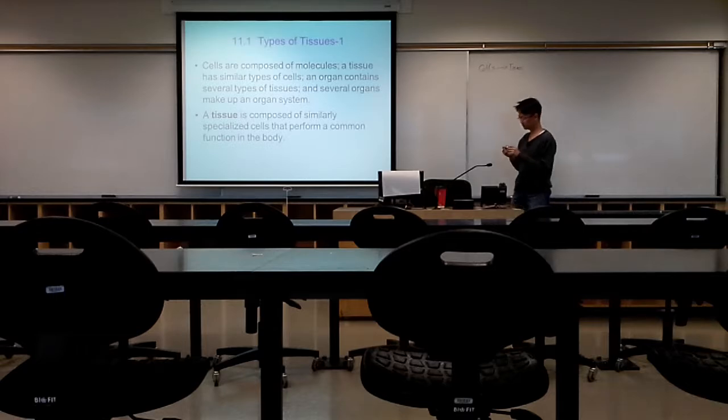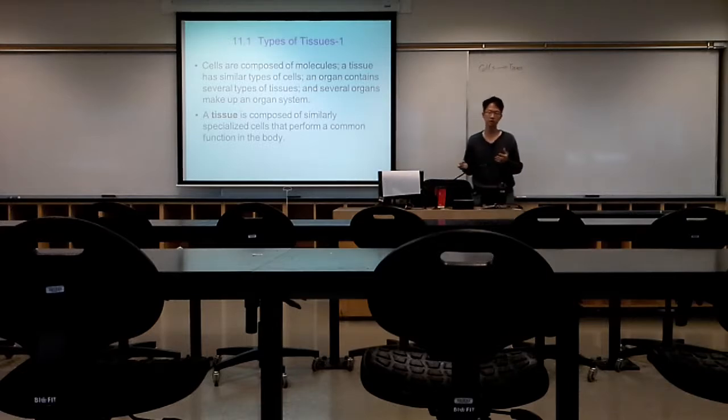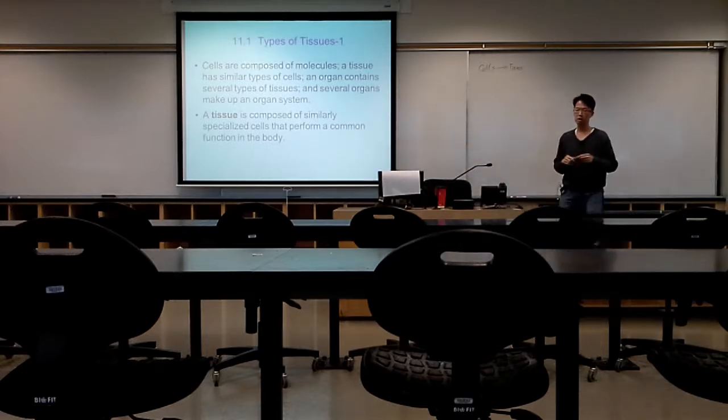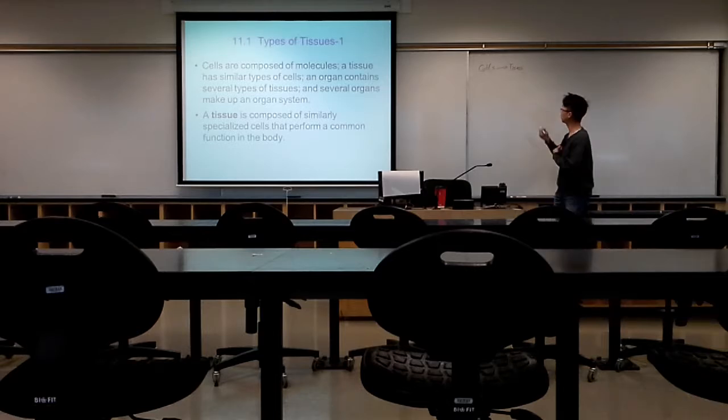Tissues are composed of similar cells that perform the same function. When you have different types of tissue, that means different functions grouped together, what do they form? They form organs.